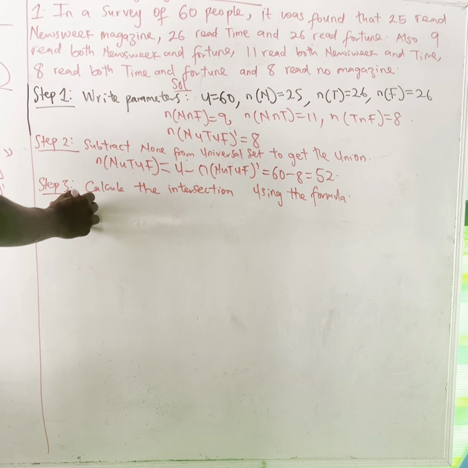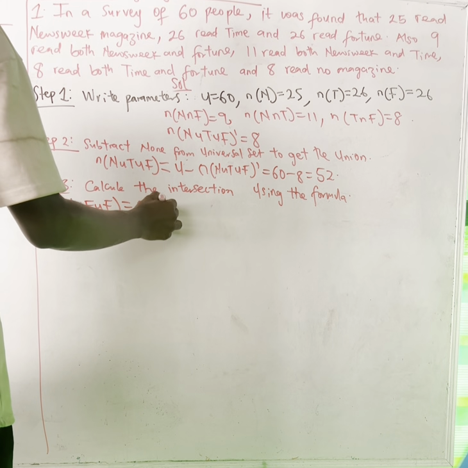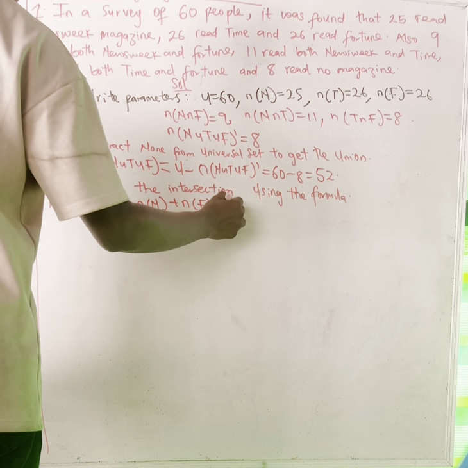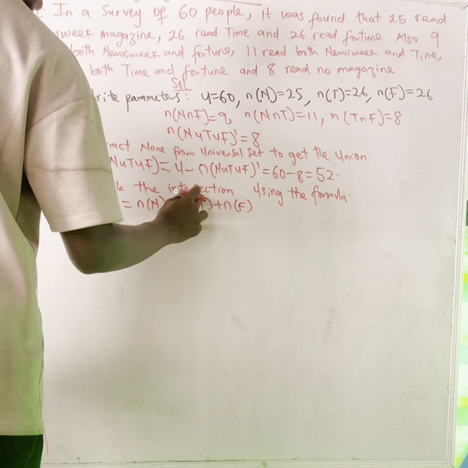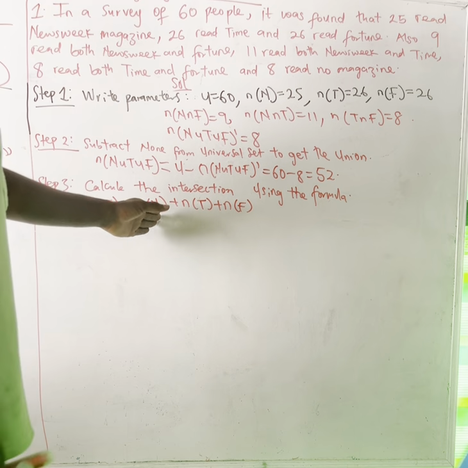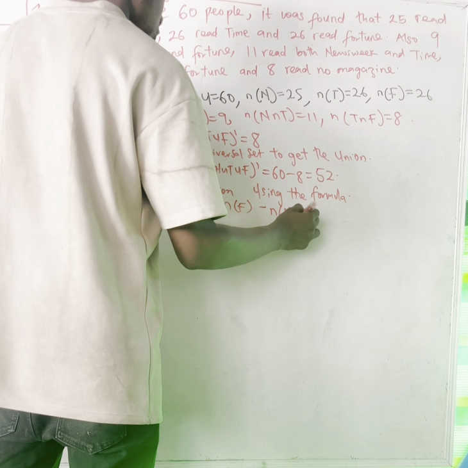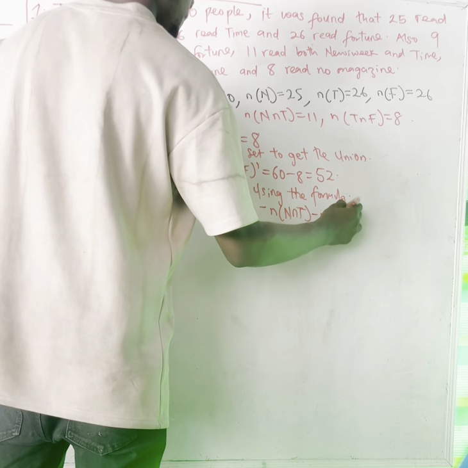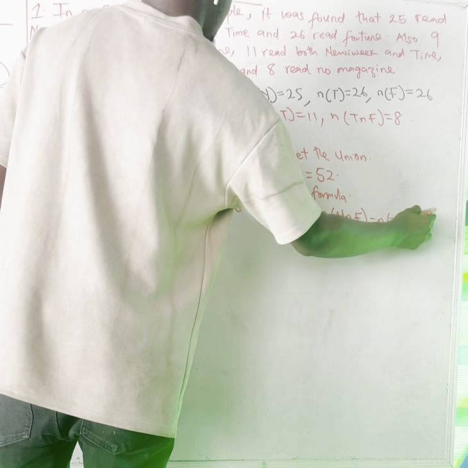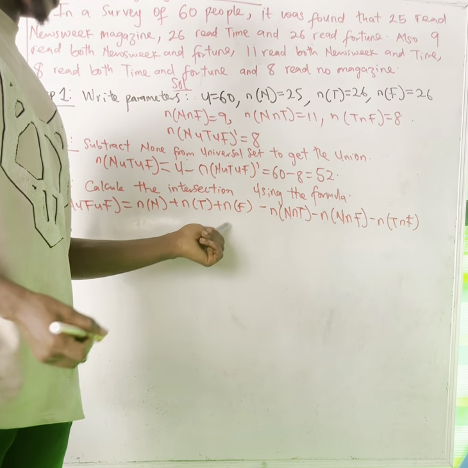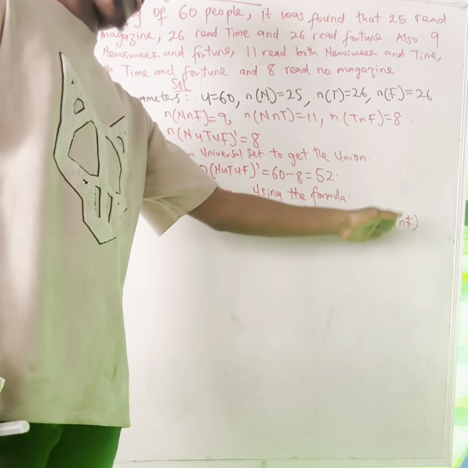The union N union T union F equals n of N plus n of F plus n of T. The first thing we do is add the single elements together, minus N intersection T, minus N intersection F, minus T intersection F. Once we add single elements together, we subtract the double elements.